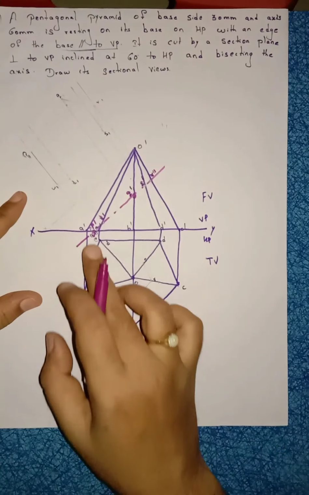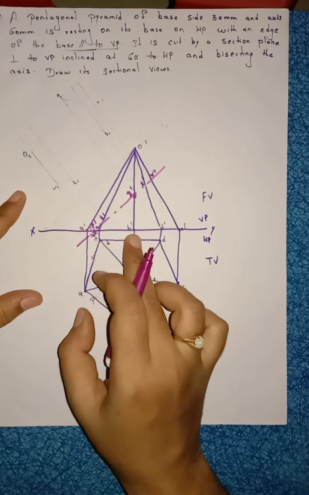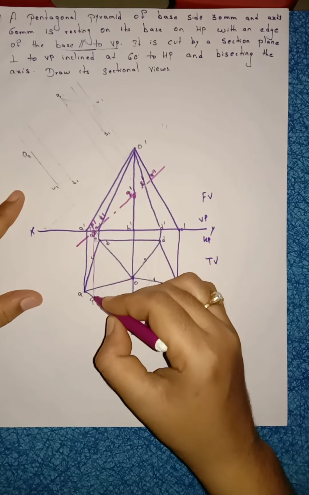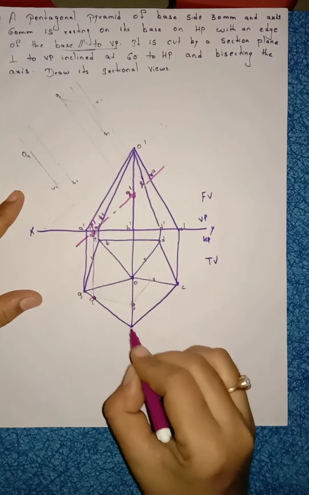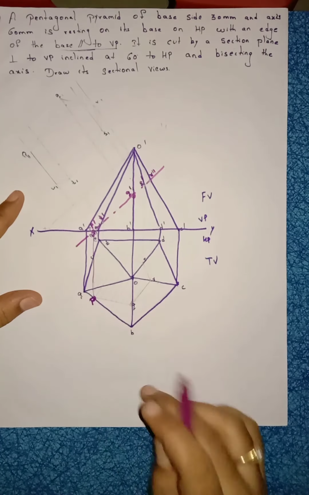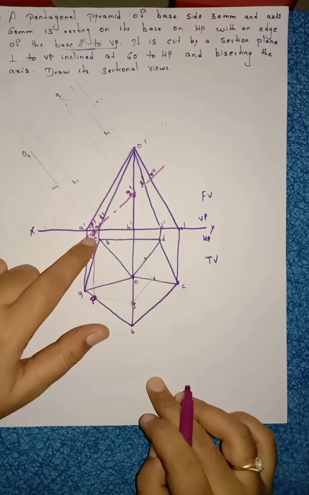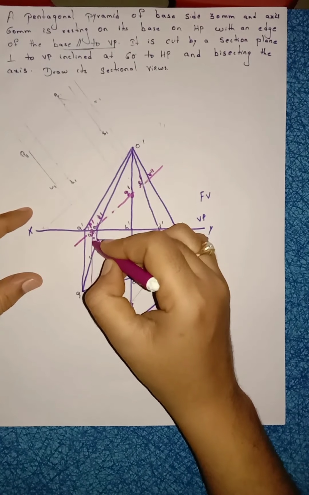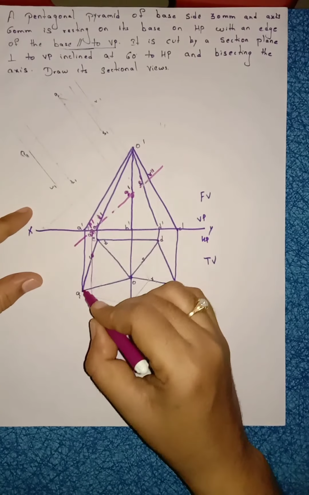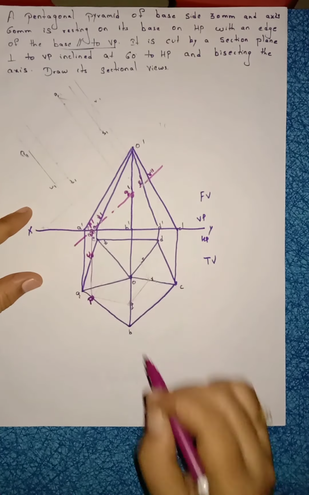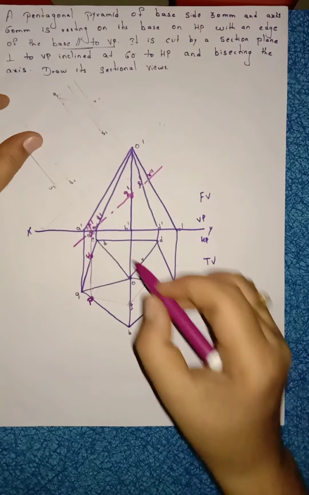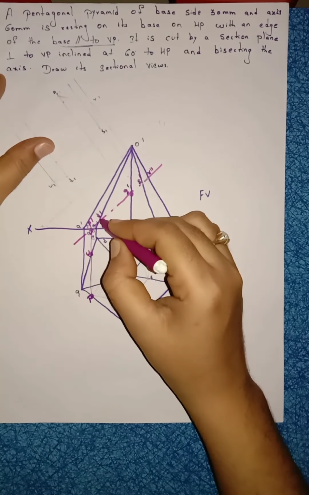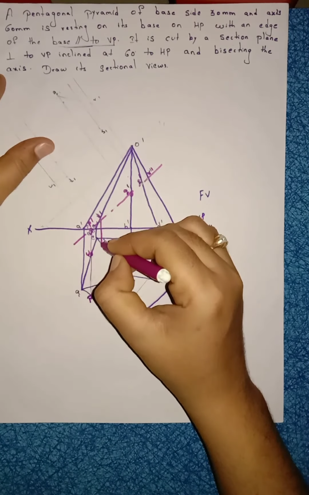Now you see, P point is in between A and B. From P, draw the projectional line. In between A and B, mark here P point. Next point is U. U is in between A, E. From this point, in between A, E, mark here U point. Then next T. T is in between O, E. From T, draw the projectional line.